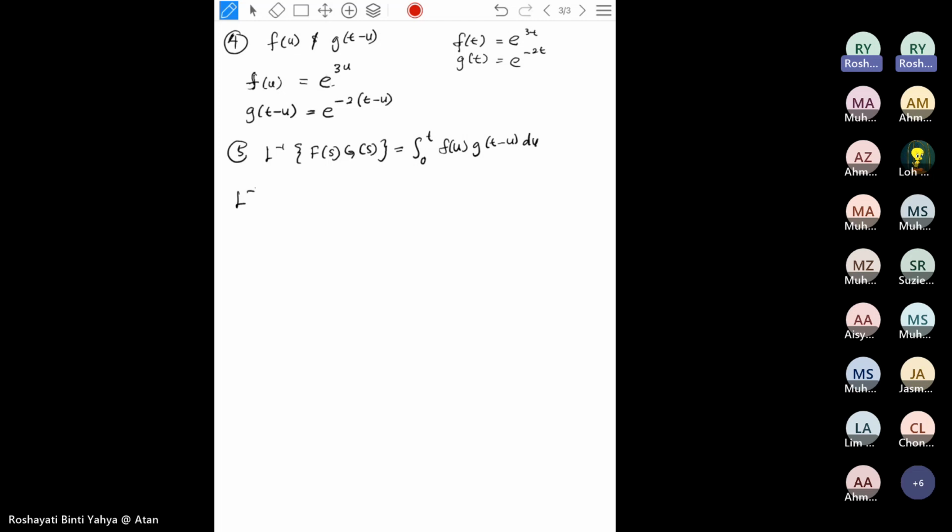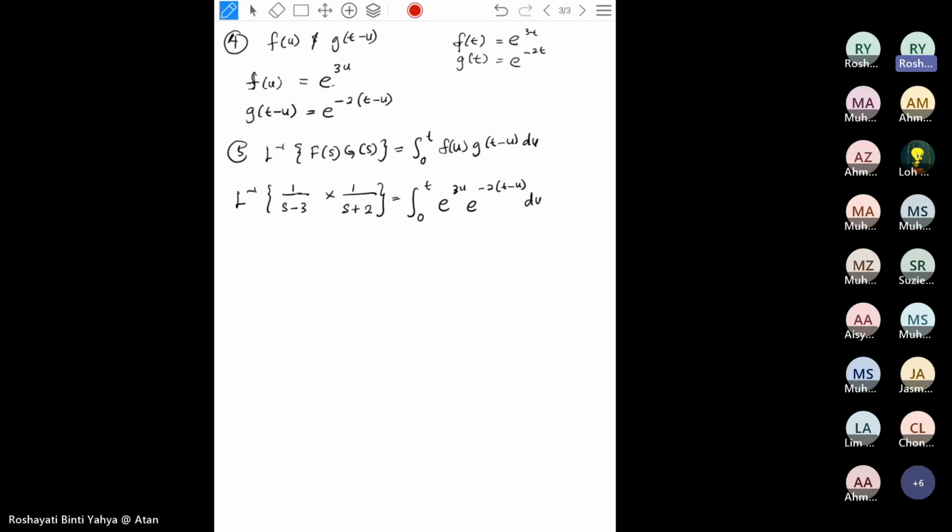So the inverse Laplace transform of 1 over s minus 3 multiplied by 1 over s plus 2 equals the integration from 0 to t, your f(u) is exponential 3u, and then g(t minus u) is exponential negative 2 times (t minus u).